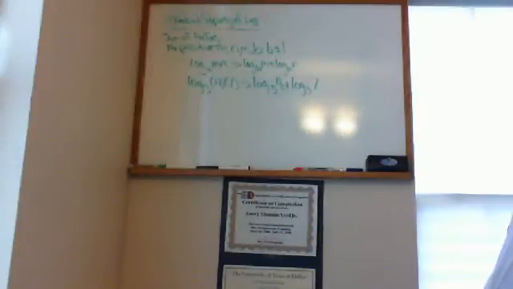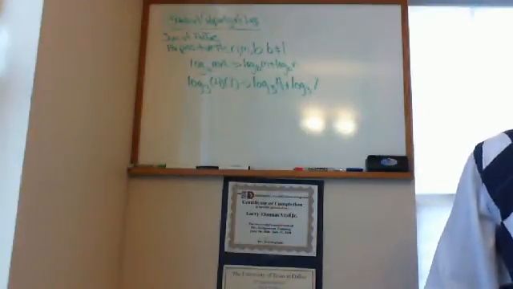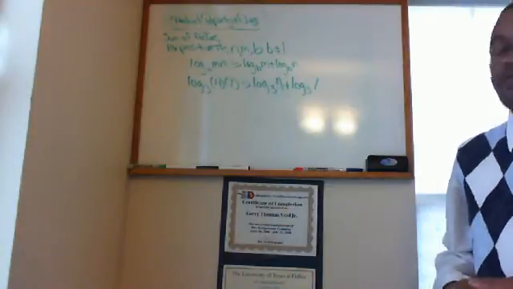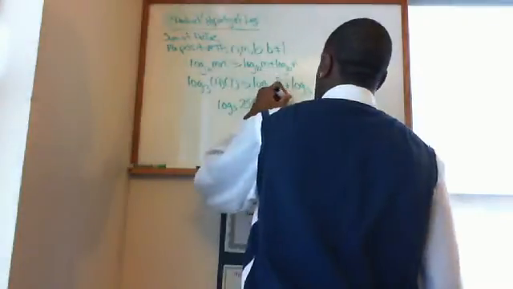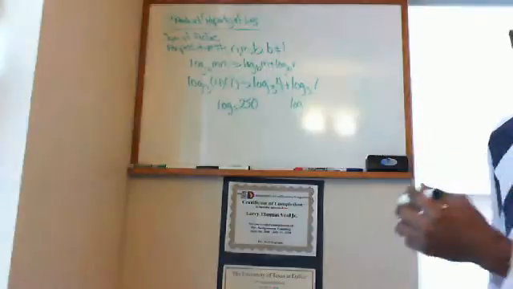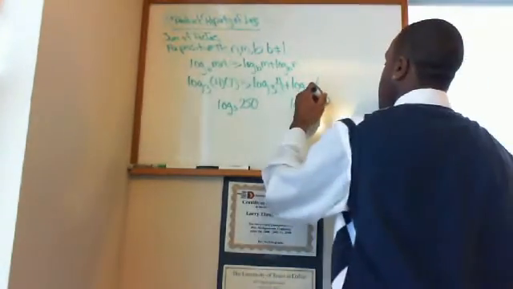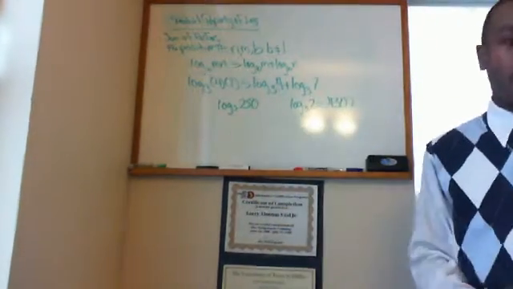As far as the next part goes, it says use log base 5 of 2, approximately 0.4307, to approximate the value of log base 5 of 250. So the first thing we want to do is break 250 down, right?